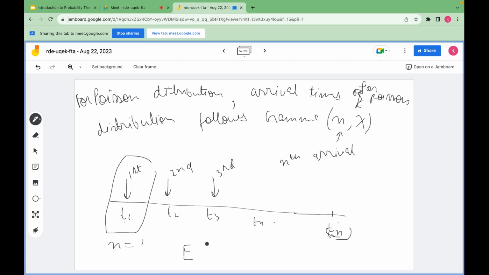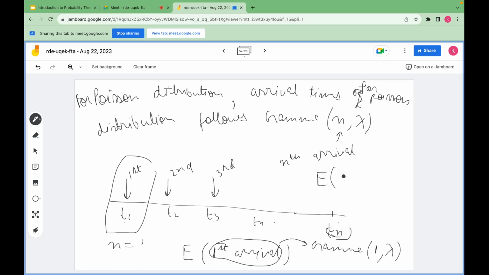So this event is a gamma distribution with parameters 1 and lambda. For gamma distribution the expectation is n by lambda, but here the value of n is 1, so this becomes 1 upon lambda.